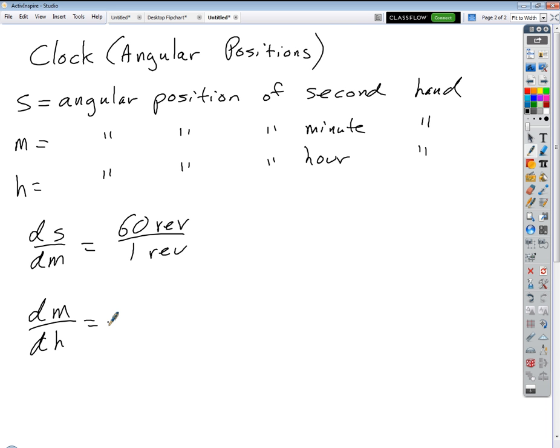Would you agree that the hour hand makes one revolution every 12 hours?